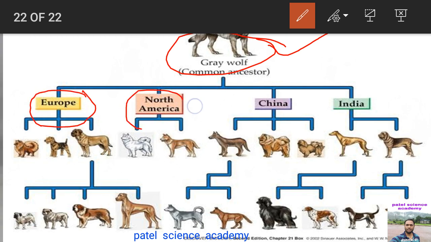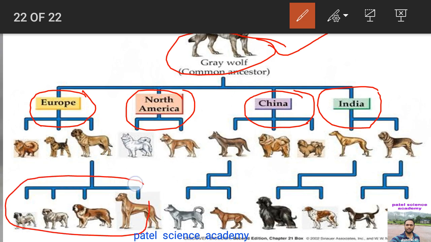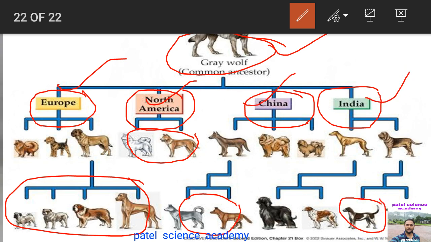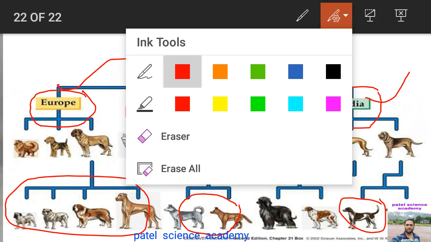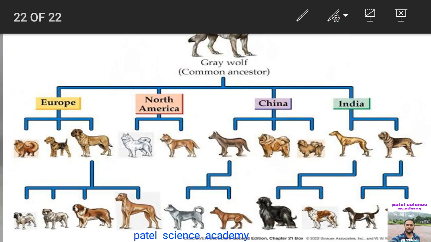This is from Europe, this is from North America, this is from China, and these are from India. This is the breed of Europe, this is the breed of North America, this is the breed from China, and this is the breed from India. I hope you have understood this. A breed is a group of animals related by descent and similar in most characters. They have similar characteristics.